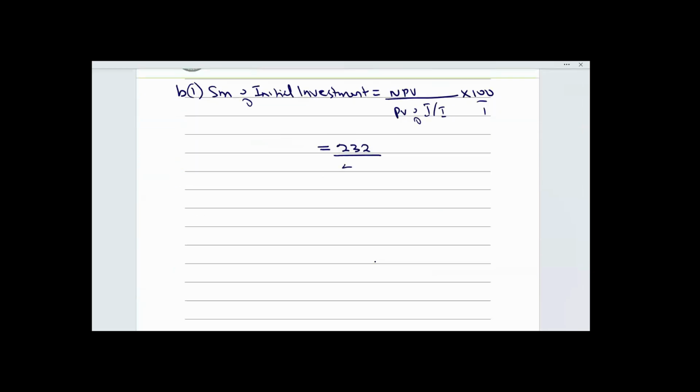Therefore, here will be 232 divided by 48, then multiply by 100%, equal to 4.8%.